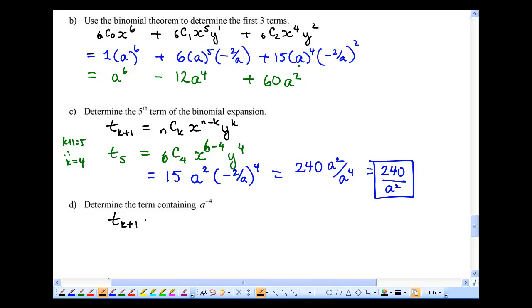Because I'm learning it for the first time, I like to copy things out. Just makes life a little bit better, and it gives me a chance to review. Okay, we don't know the term, so we don't know k in this case. We want to find k. That's our goal. Well, we do know what n is. That's 6, right? So 6 choose k.